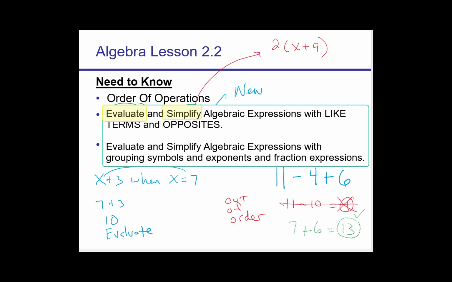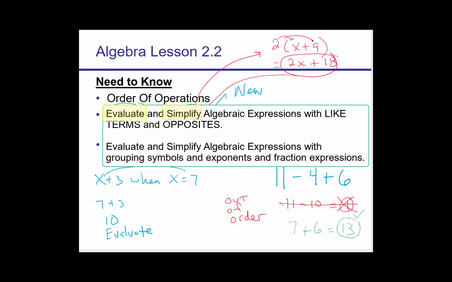It's a little complicated the way it is right now. And in the previous class, we learned the distributive law. So we could do a little bit of algebra to make it a little simpler. We could use the distributive law to multiply both terms. We get 2x plus 18. And now we have simplified it.